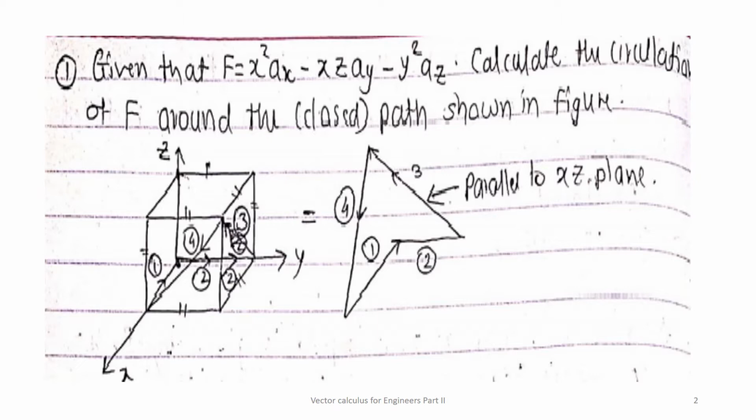So line is a path along a curve in a space. Space means you can specify it in 3 coordinate axes. So this is the space. In that space, this cube is there with these lines, or it's called a path.